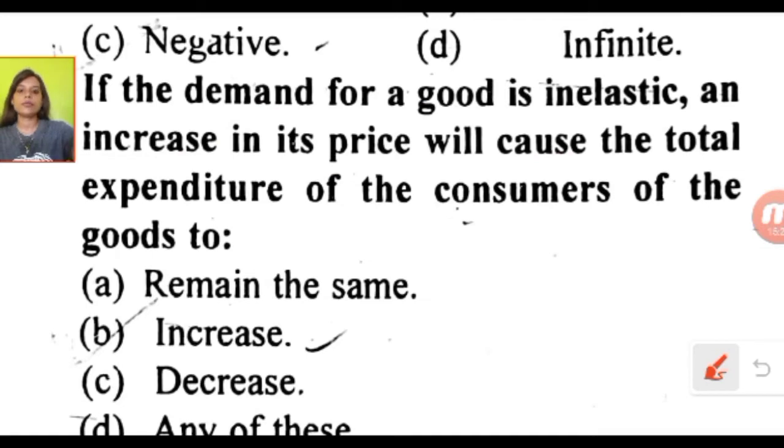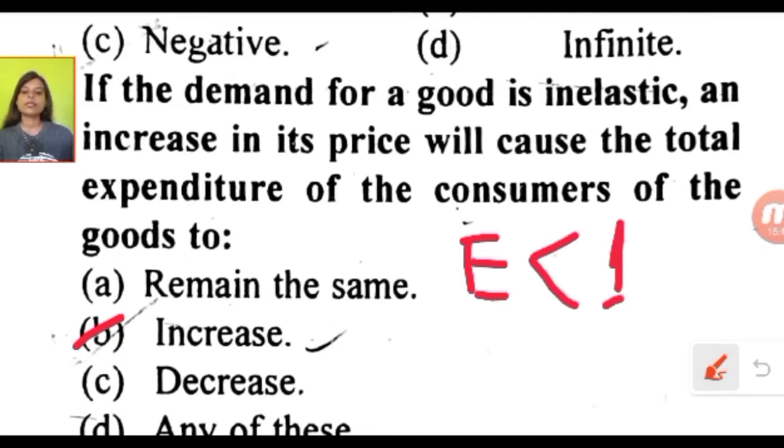Your answer would be number B. Why? Because since the demand for the good is inelastic over here, it means that E is less than 1. So there is a direct relationship between the price and the total expenditure. Thus, with the increase in the price, the total expenditure will also increase.